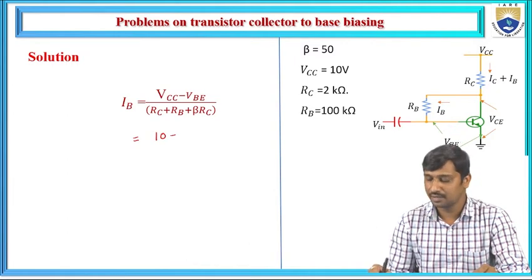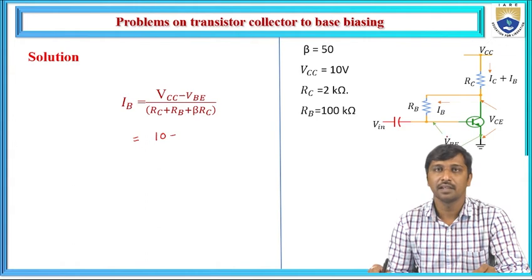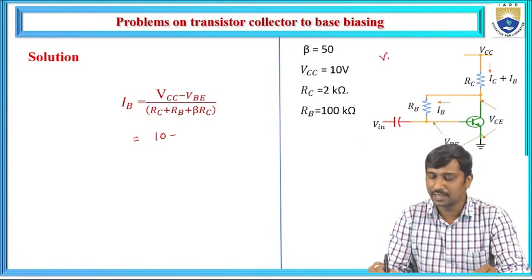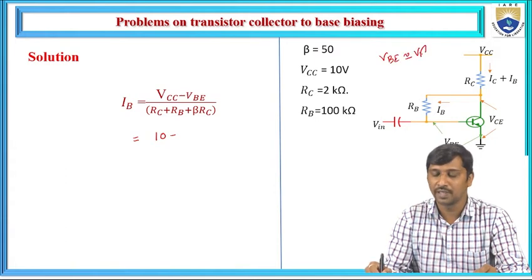On the input side, VBE means the emitter base junction is forward biased, and when a PN junction is forward biased, the voltage drop across it is equal to the cut-in voltage. Hence, VBE is approximately equal to V gamma.